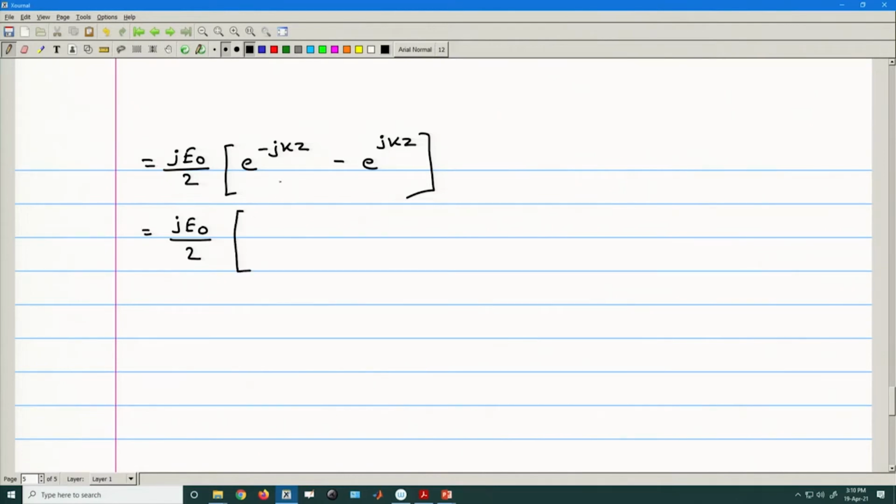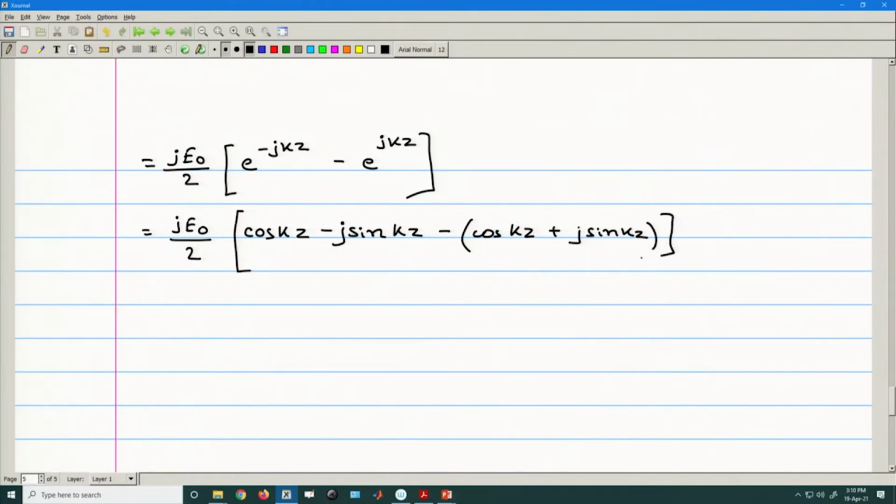So, e to the power minus jkz can be written as cos kz minus j sin kz, minus cos kz plus j sin kz.